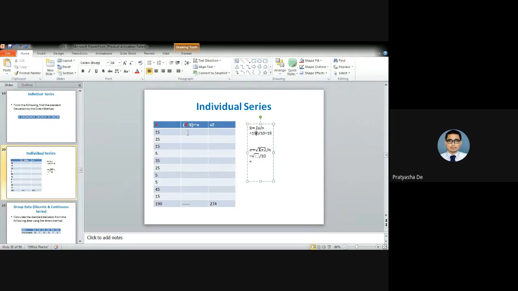After that, proceed to calculate x minus x bar. The value of x here minus 19.